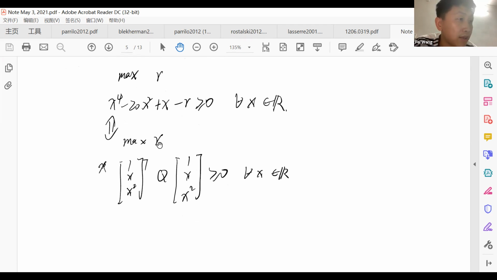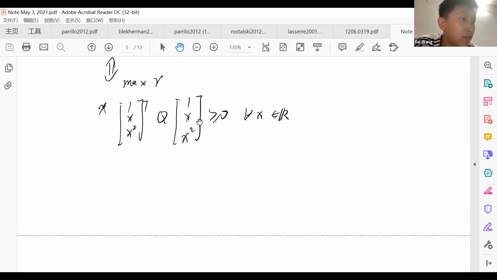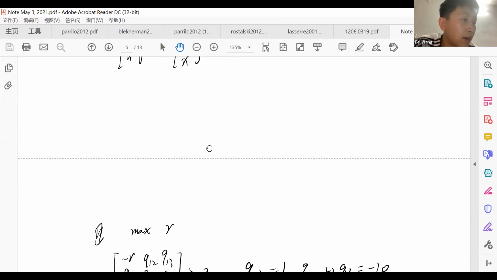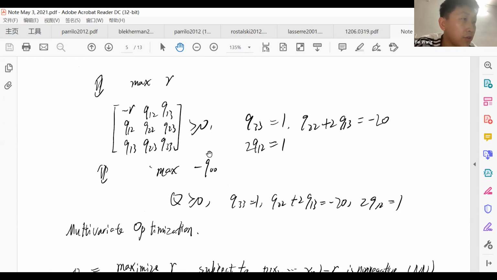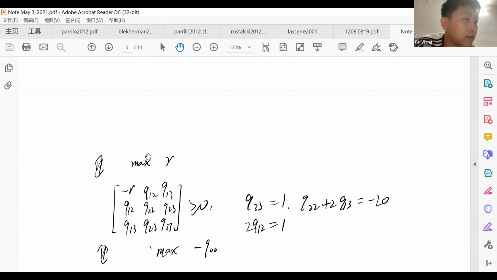So we maximize gamma such that this holds, where Q is the following. The top left of Q is minus gamma, because we have a minus gamma here. Then we have other constraints by equating the coefficients of the monomials.